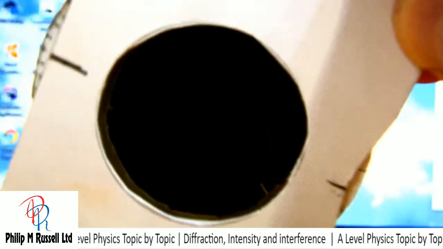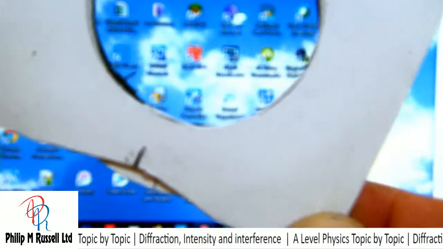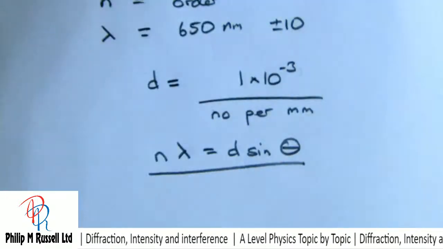I'm going to flick this up and look at my screen. If I've got polarized sunglasses on, then it might be that I can't see anything on the screen because the light coming out from my PC is also polarized.